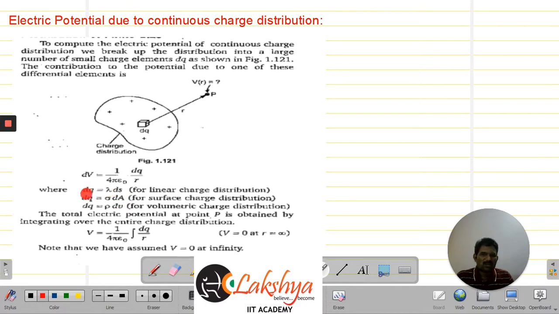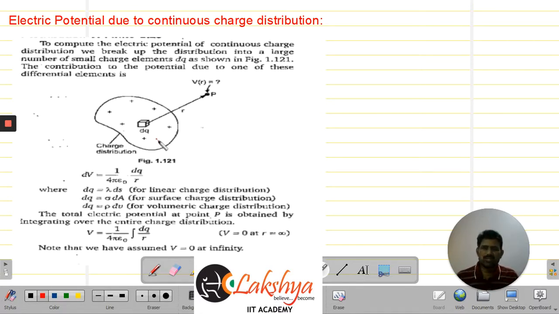So the dq expression is different for different types of objects, and we substitute accordingly.